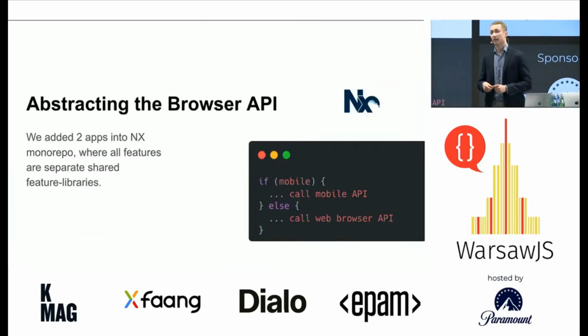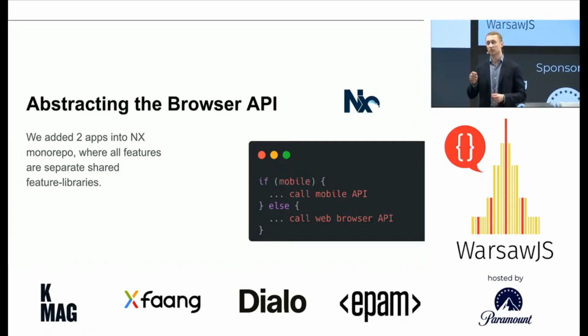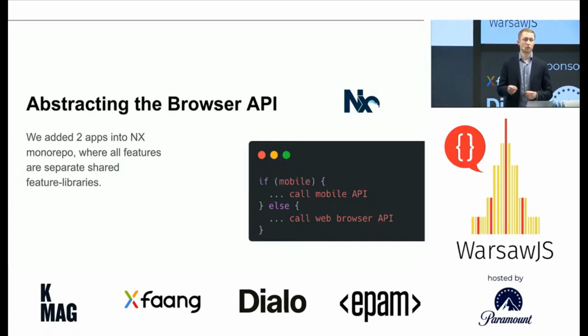The next problem we had is that, as I mentioned, we relied on the browser API, and we had two applications in an Nx monorepo setup, one for web, one for mobile, and around 70 feature libraries. And these feature libraries heavily depended on the browser API. And in applications like this on the market, you would most often see constructs like this.